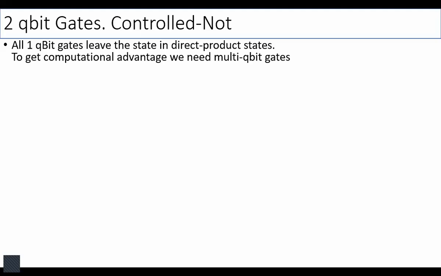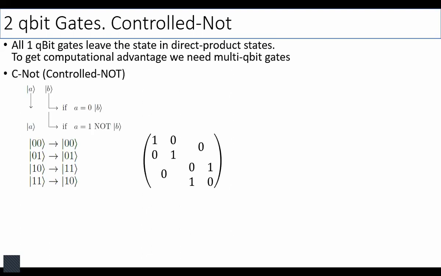In that case, we would not be able to get an advantage from quantum computing. So without more than 1 qubit gate, you cannot be better than a classical computer. So we need that. And the most popular and most important 2 qubit gate is the controlled NOT gate.